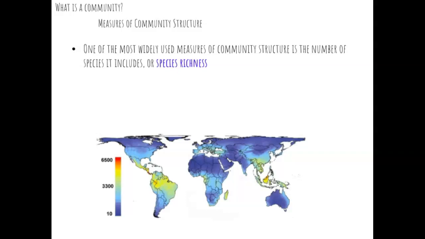So it's just giving you the number of species that live in an area. And we've talked about different reasons why there are more species in some parts of the planet than in others. So species richness is just the number of species in any given area.